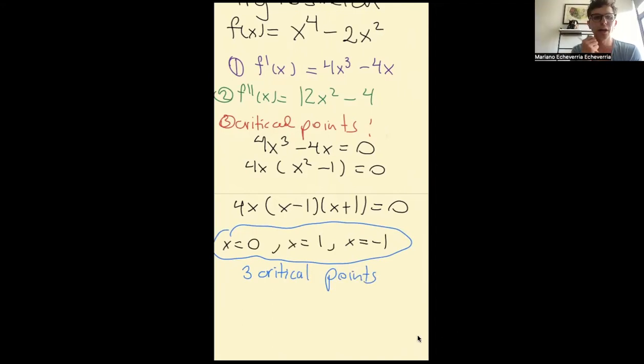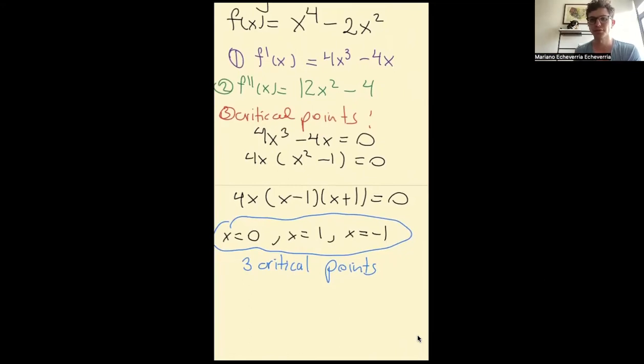Is that making sense? The only thing that can be confusing is that sometimes when people see this, they will divide by x. And if you divide by x, the problem is that you miss out on x equals 0. So do not divide by x when simplifying. Try to factorize as much as possible to not lose solutions.